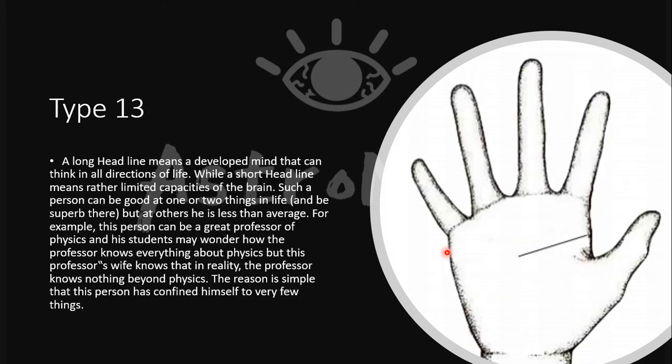Okay, now let's go to type 13. We have seen the long headline, so we know what a long headline means, but if we have a short headline, then it gives a limited capacity of the brain. Such a person can be good at one thing or two things, but the other things are less than average.